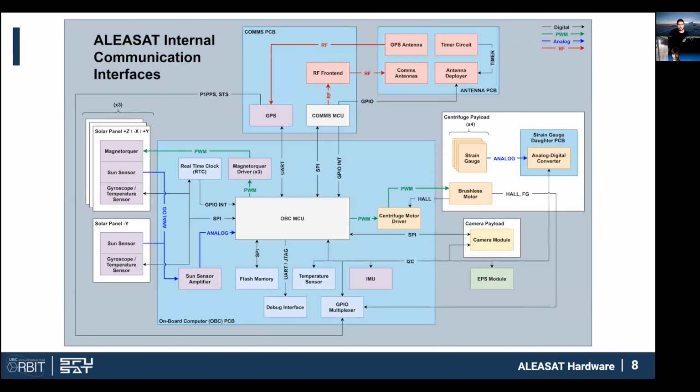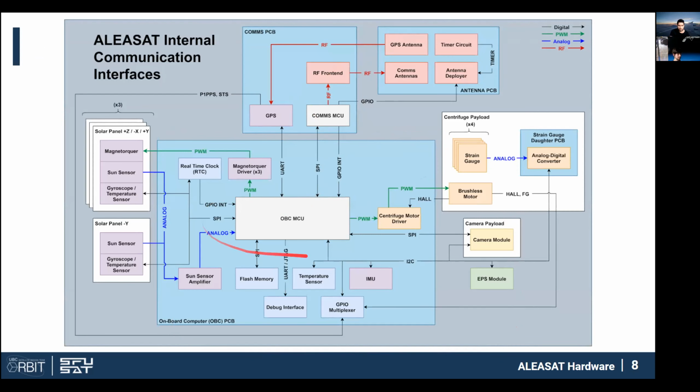Looking a little more closely at the ALEASAT OBC, I'm sure some of you have seen this diagram before. I think I showed it at the CDH onboarding presentation. It's here again mostly for reference, but it illustrates the structure of this PCB.